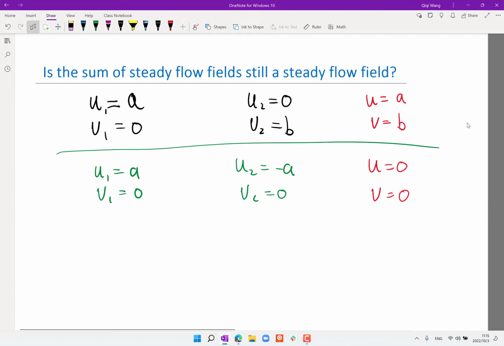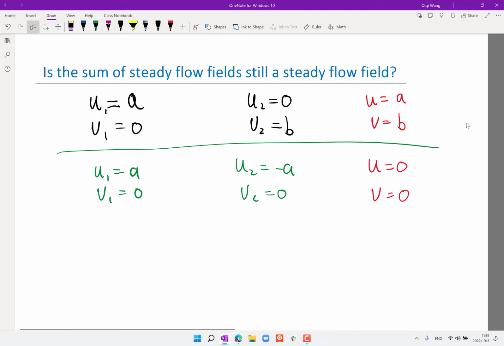If you have one solution, x equal to 2, y equal to 1, and another solution, x equal to 4, y equal to 2, you add them together, x equal to 6, y equal to 3. It's a perfectly valid solution. So this is the kind of linear equation that makes the sum of two solutions also a solution.